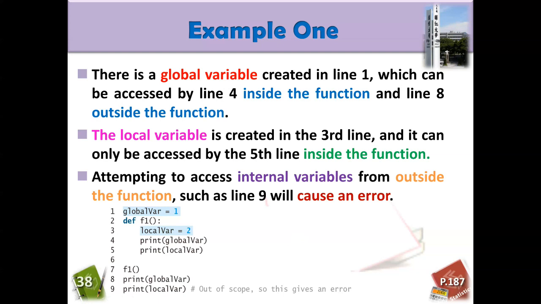So you have to make sure that if it is a local variable, created inside the function, everything inside the function can call it. If you use a print outside to call it, it will have a problem. But if the variable is a global variable, which means it's not created inside the function, it can be called no matter inside the function or outside the function.